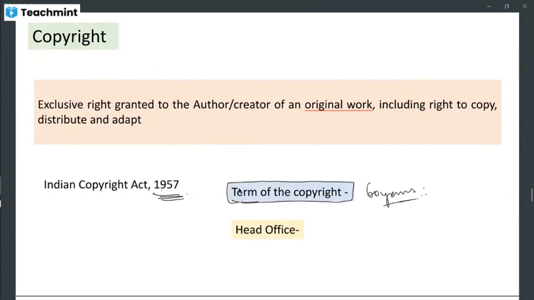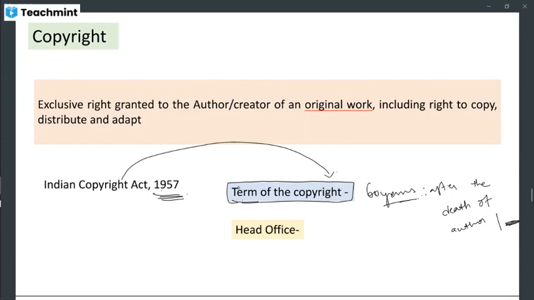Whereas in the case of a patent, you saw it is 20 years. So here too there is a limited time period. It is 60 years after the death of the author, whatever it may be, according to the Indian copyright law.